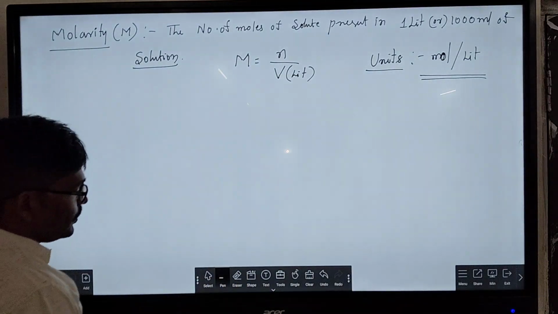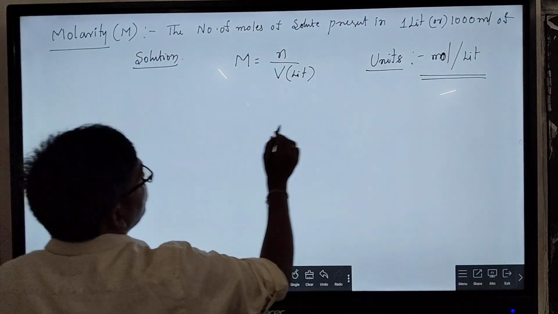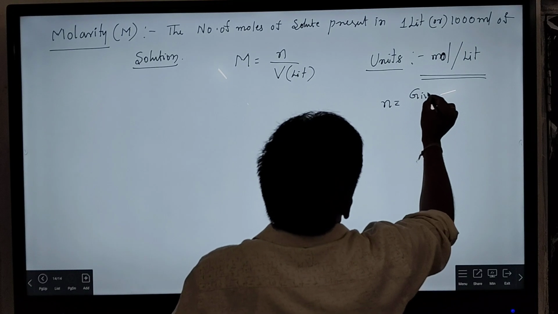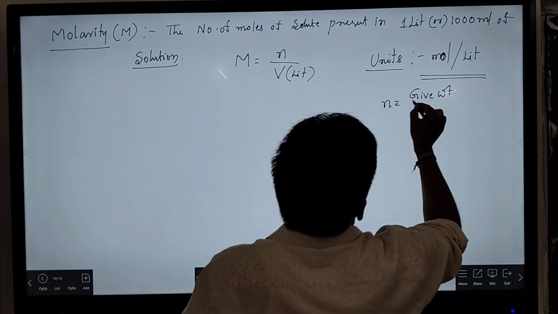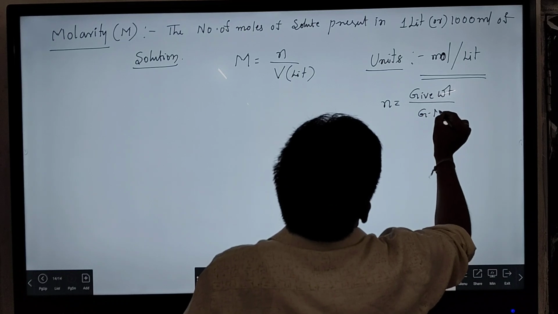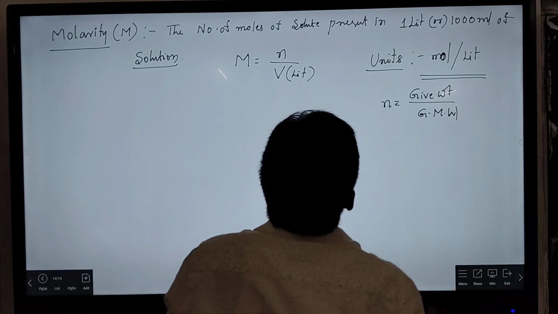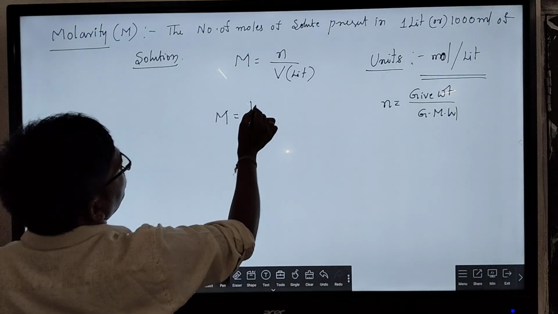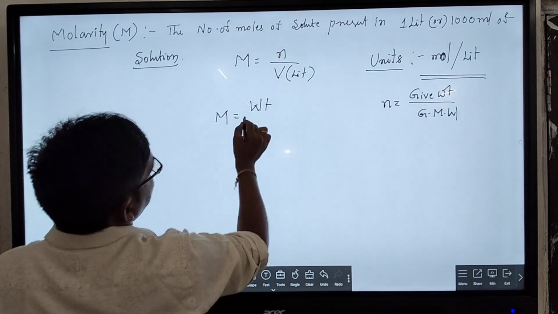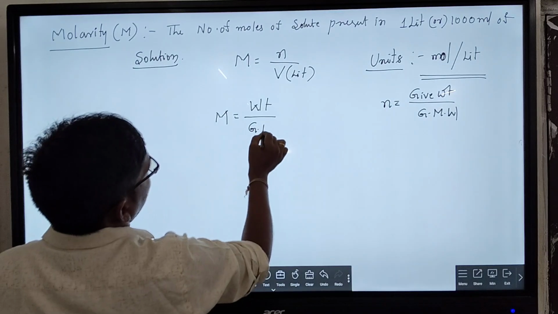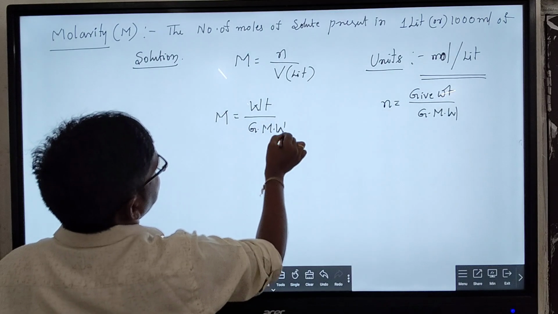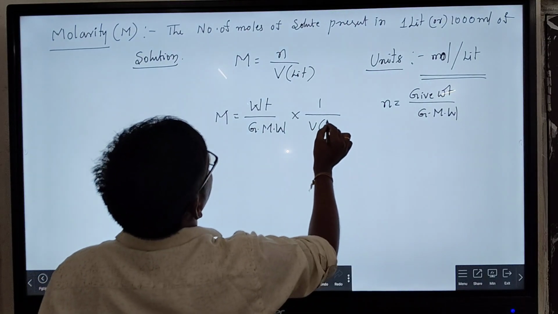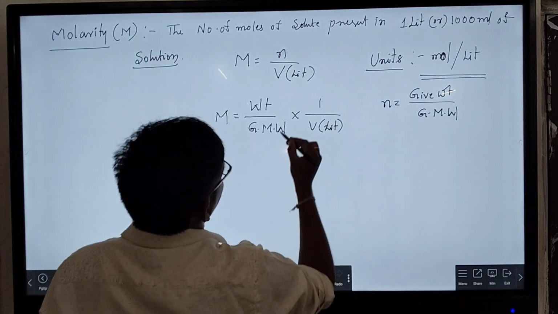If you substitute the number of moles as given weight divided by gram molecular weight, then molarity equals given weight divided by gram molecular weight, into 1 divided by volume in liters.